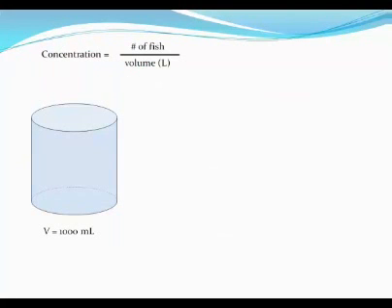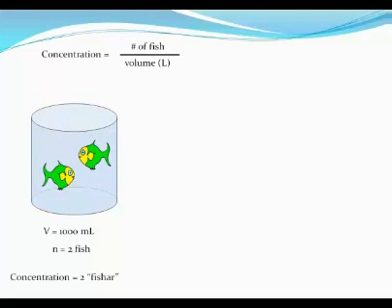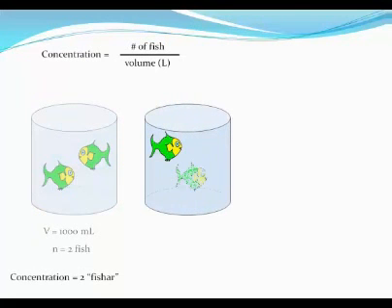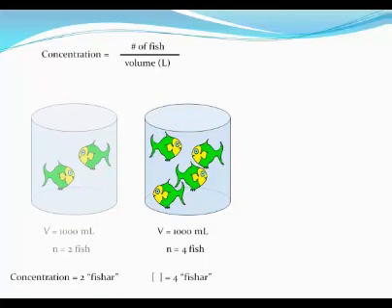Let's look at some examples. This is a rather fishy way of looking at things. But if we have one fish dissolved in 1 liter of water, notice the quick conversion of 1,000 mils to 1 liter, we could say our concentration is 1 fish per liter. On the other hand, if I have 2 fish in there, I would call it 2 fish per liter, right? If we had another example where there were 4 fish present, it would be 4 fish per liter, okay?